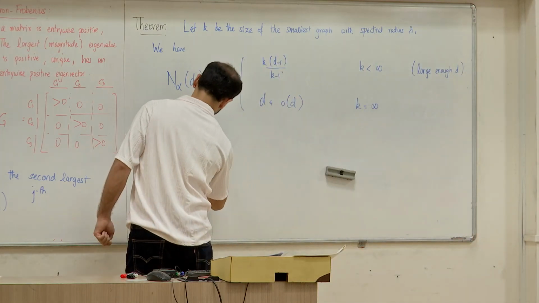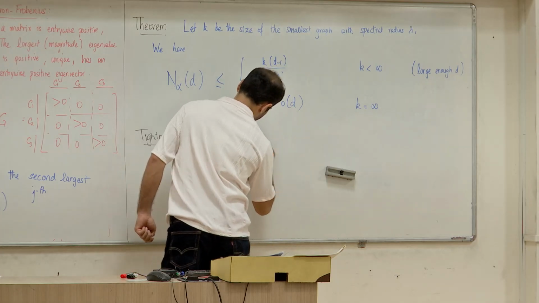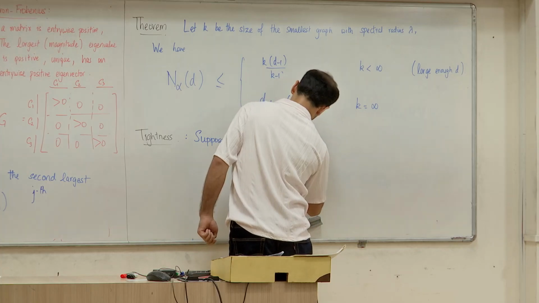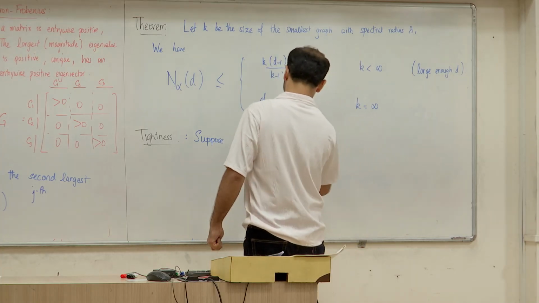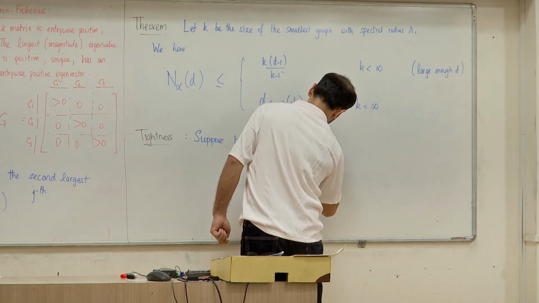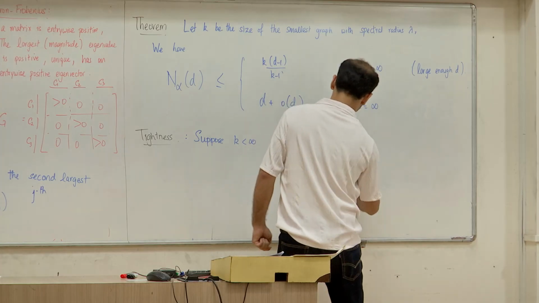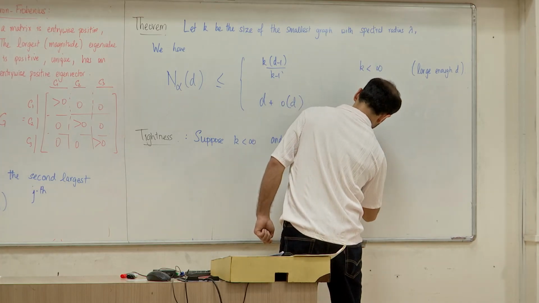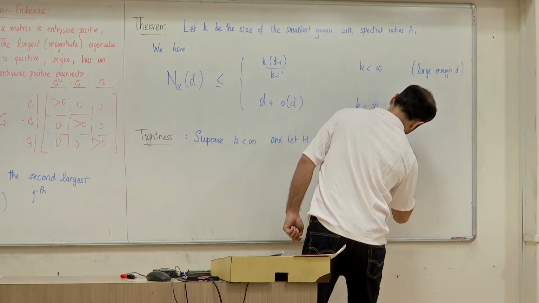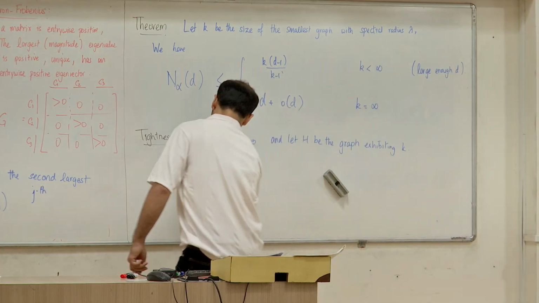So suppose k less than infinity and consider a graph. Let H be the smallest graph exhibiting k. Okay, so this is a graph with spectral radius lambda.